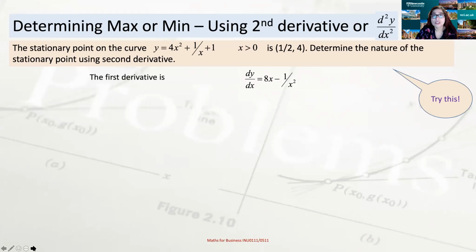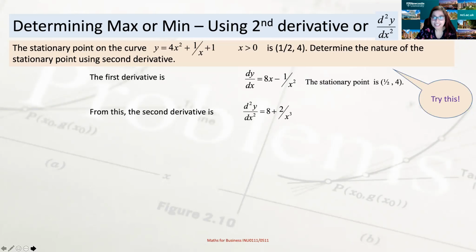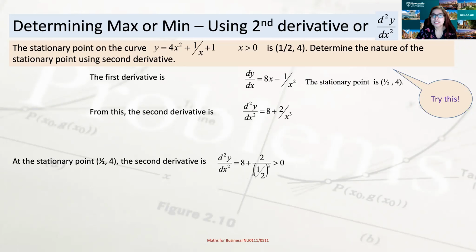Excellent, guys. So the first derivative, you know the stationary point, 1/2, 4. Find the second derivative at the stationary point, substitute the value at the stationary point, and you see that this is greater than 0.